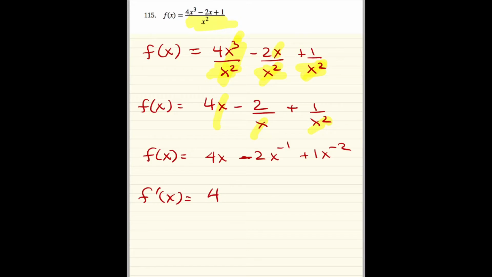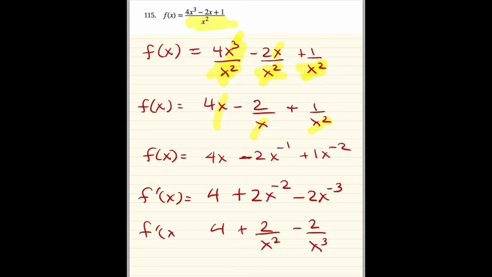So that's 4, that's positive 2x to the negative 2, and that's negative 2x to the negative 3, and then you're just going to have to rewrite the negatives, and you don't have to make it into a common fraction. So we can just keep it like that, and that's how you do that problem.